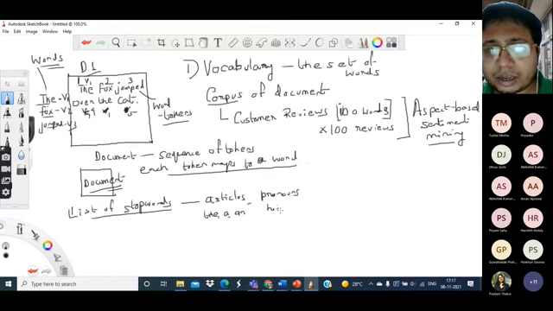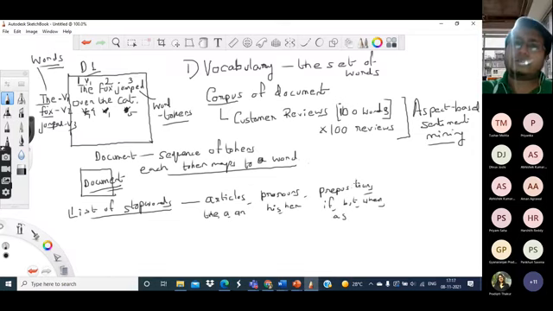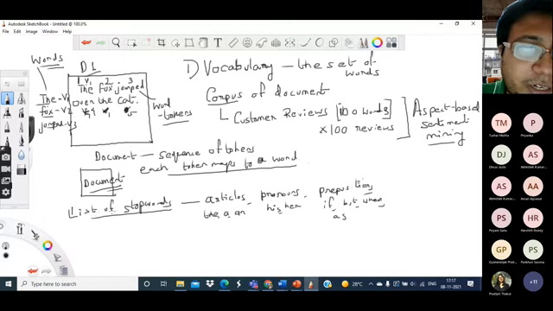Like say his, her, their, etc. Then maybe some prepositions, like say if, but, when, as, etc. I guess you understand what kind of words can be considered as stop words.